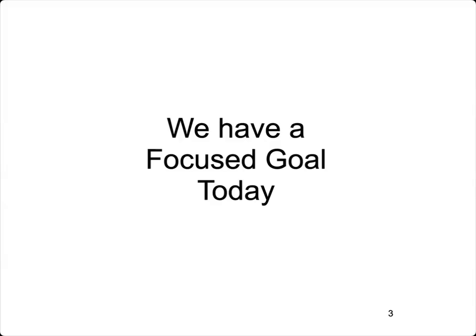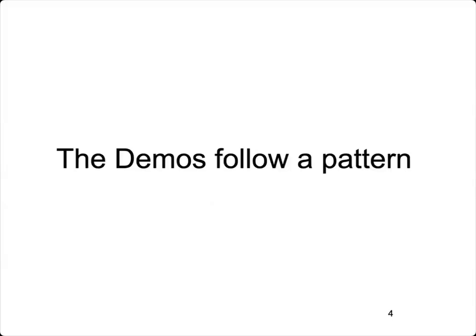Now, I've got a handful of scripts that we're going to use to demo, and they're going to follow a pattern. You're going to see me run a script and it's going to run just fine.